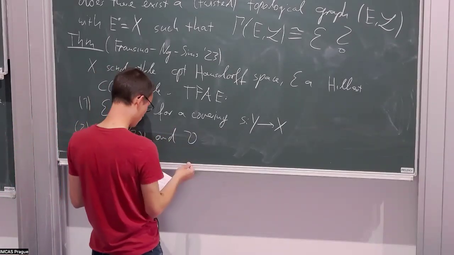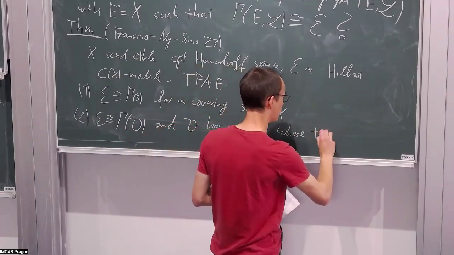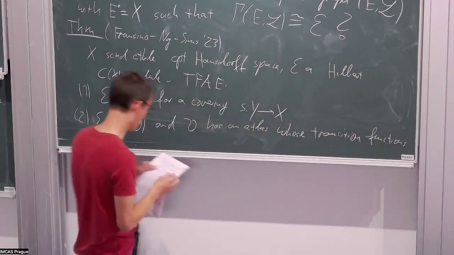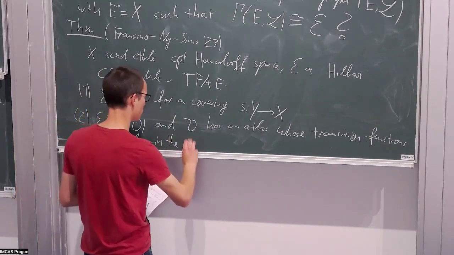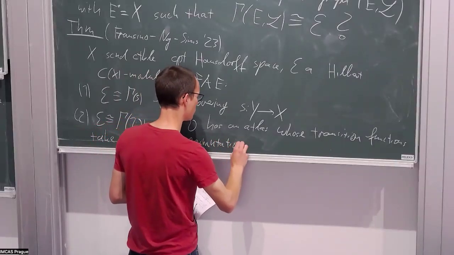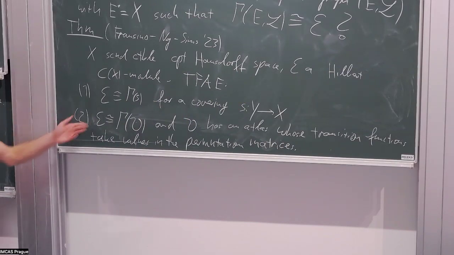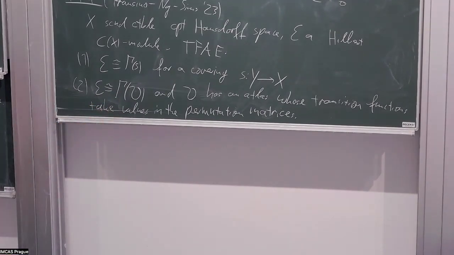And this vector bundle has an atlas whose transition functions take values in the permutation matrices. So this is how we can recognize those Hilbert modules which come from coverings, which basically means they come from topological graphs, forgetting about the range map and the left action. It's exactly those where the vector bundle has an atlas such that the transition functions are permutation matrices.